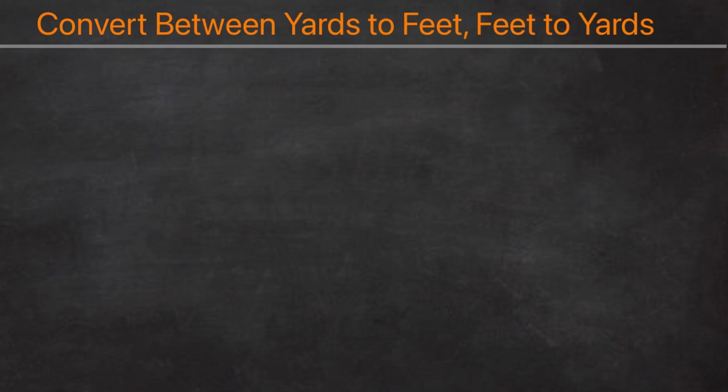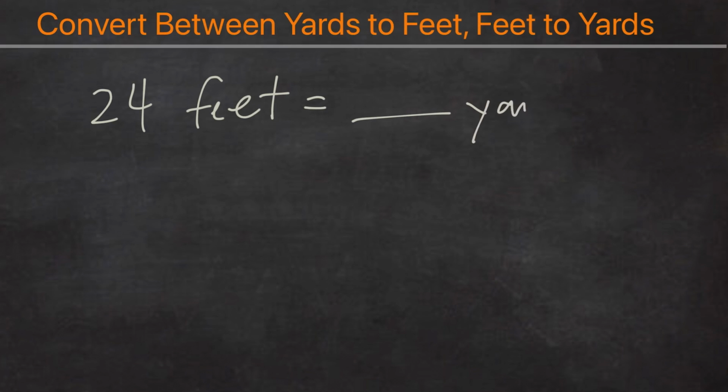Now for the second problem, I have 24 feet converting to yards. Feel free to pause the video, and I will come back in about 10 seconds to reveal the answer.